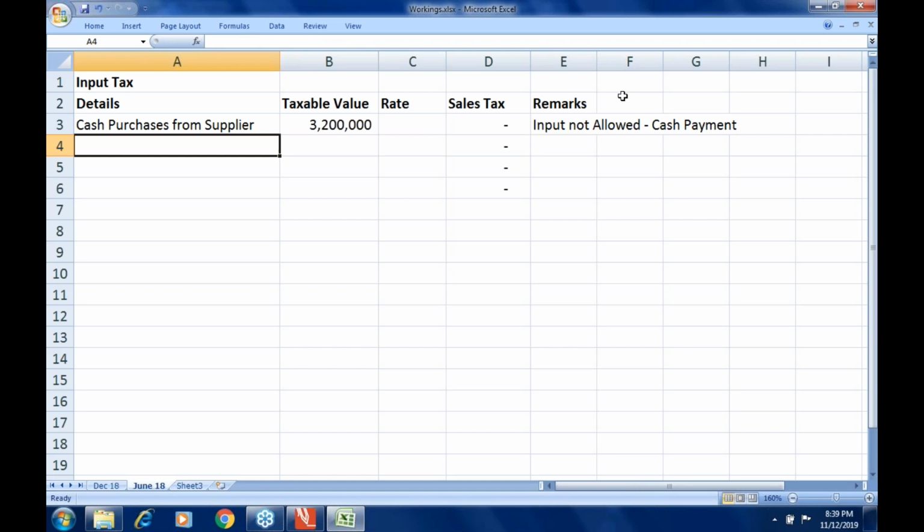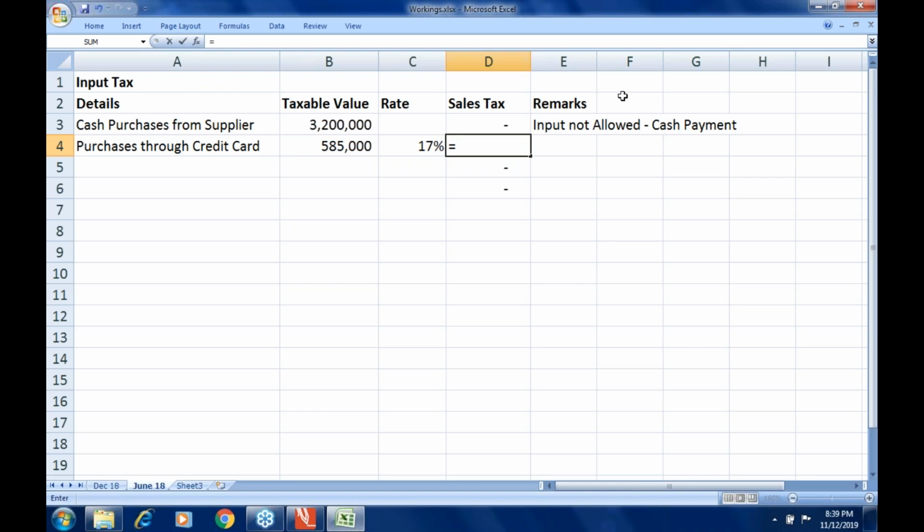The next thing is purchases through credit card. When we talk about the purchases through credit card, it's 585,000, and we are told that the sales tax rate is 17%, but this is not how we are going to go about it.